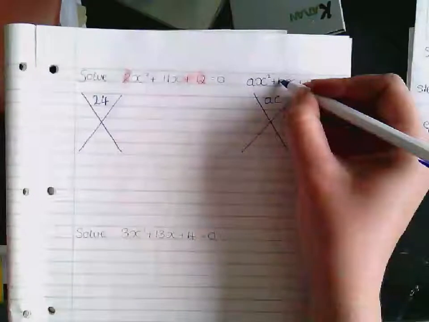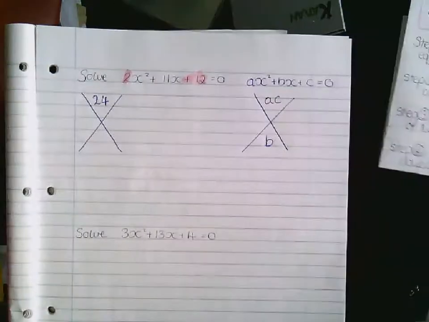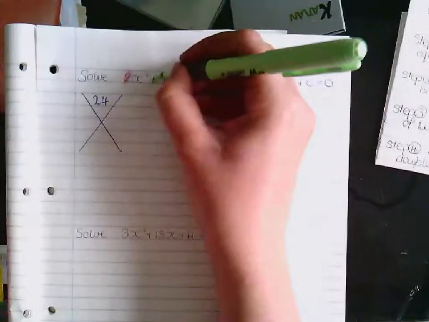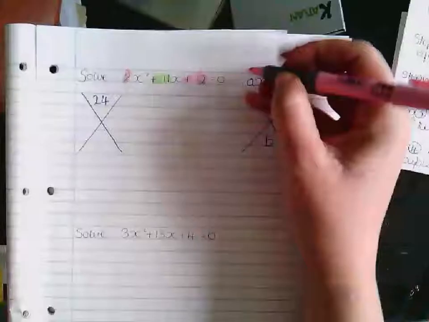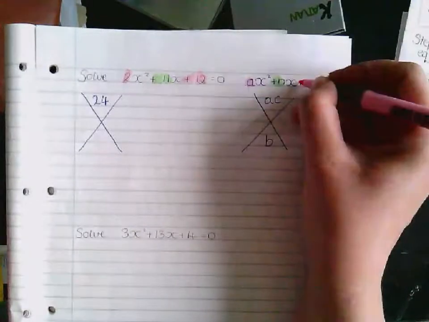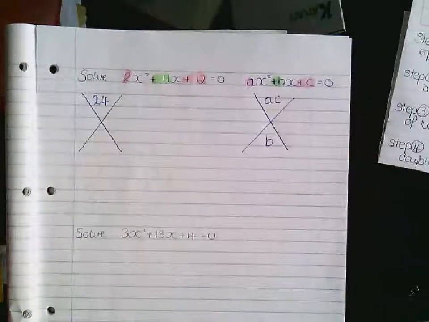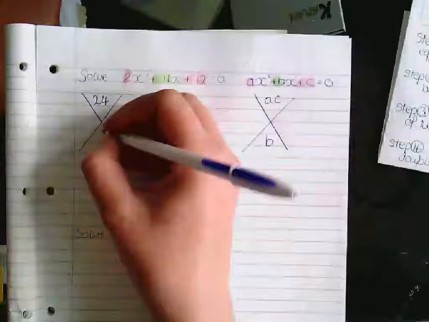The number in the middle goes at the bottom. So I'll colour code this one as well so you can see where I'm getting everything from. There. So 11 I will put here.